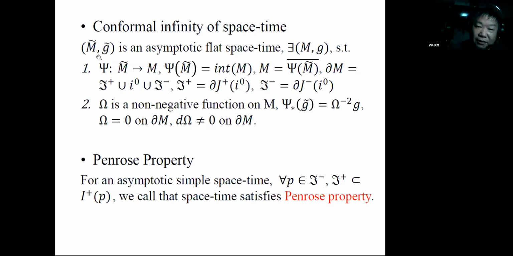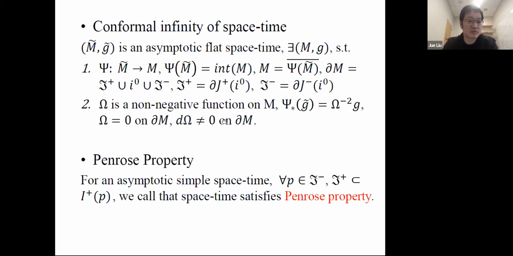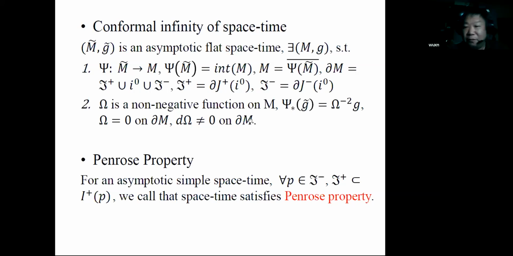You can also relate the two metrics by a conformal transformation. You have a conformal factor which takes the value 0 only on the boundary, and is positive in the interior of the unphysical spacetime.